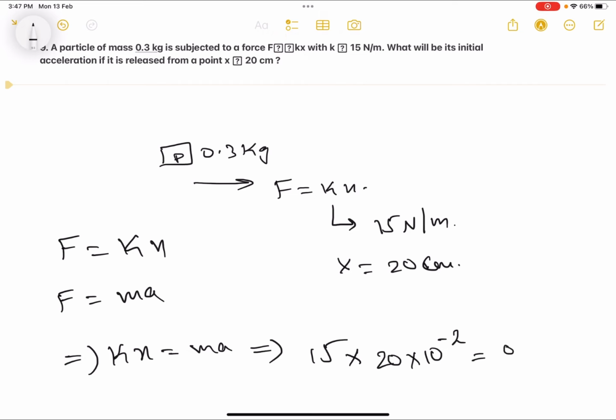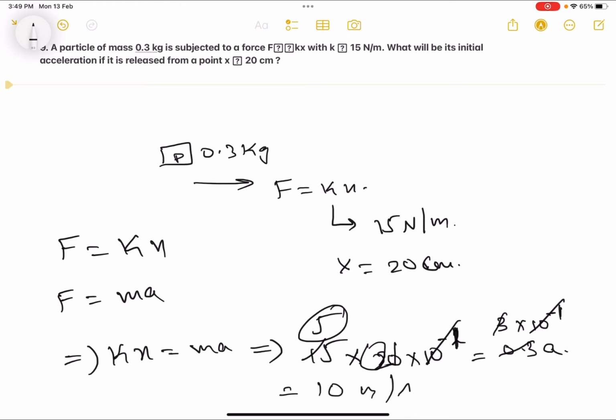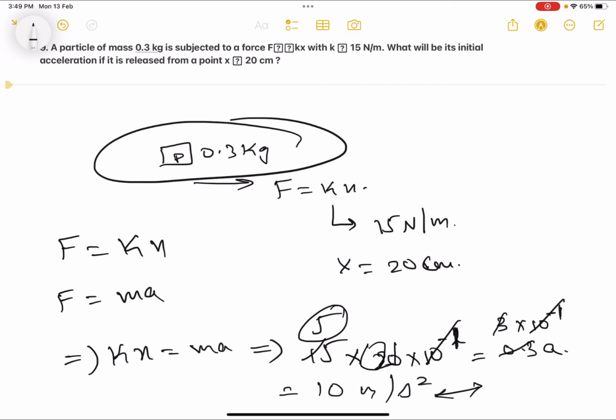Okay, this is equal to 0.3 mass into acceleration. 0.3 is nothing but 3 into 10 to the power minus 1, so this can be cancelled, and 3 5s are 15, so which is basically 5 into 2, which is equal to 10 meter per second square. So a total of 10 meter per second square would be the acceleration when the object of mass 0.3 kilos starts from rest.